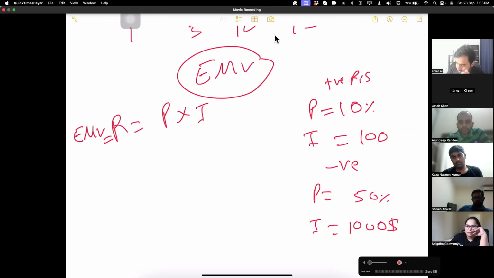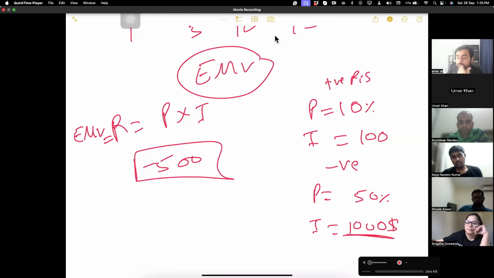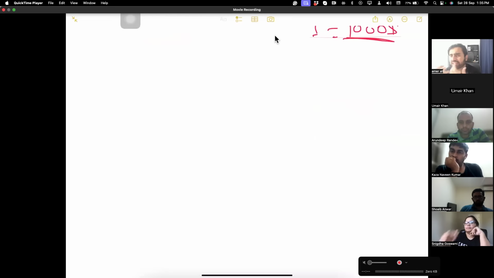Whatever the answer becomes, it will be 500, and it will be a negative risk. Expected money, because it's a threat. It will take money from your pocket. Then there's an extension where you compare; a decision tree can be used for this.